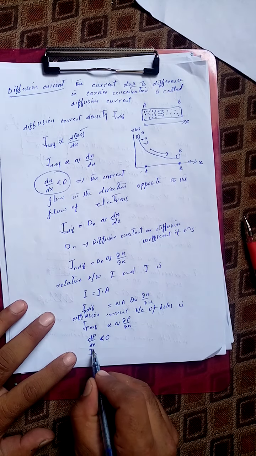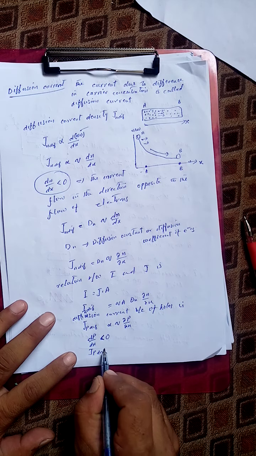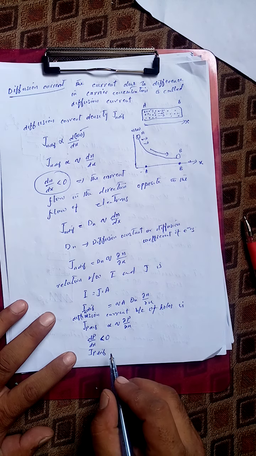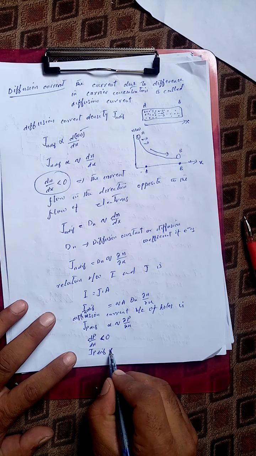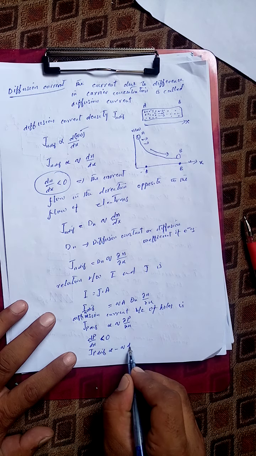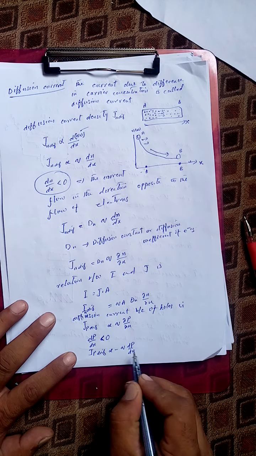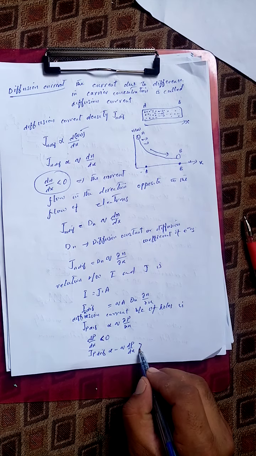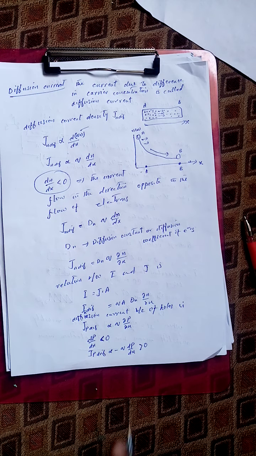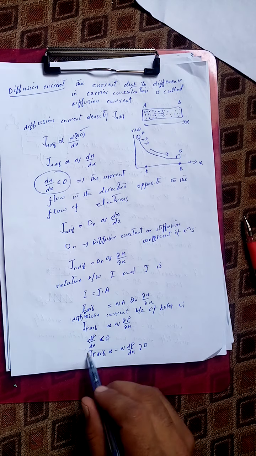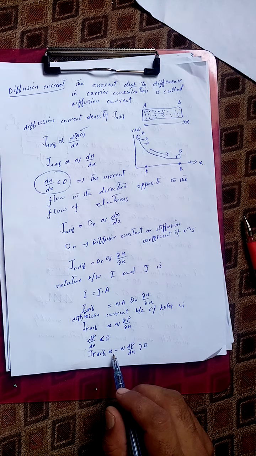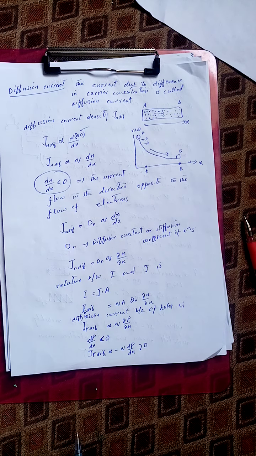So we have Jp diffusion, because the flow of current due to holes is in the direction of flow of holes. So we put a negative sign: minus q partial p over partial x. Now this is negative, this is positive, so it means that the diffusion current is in the direction of the flow of holes.